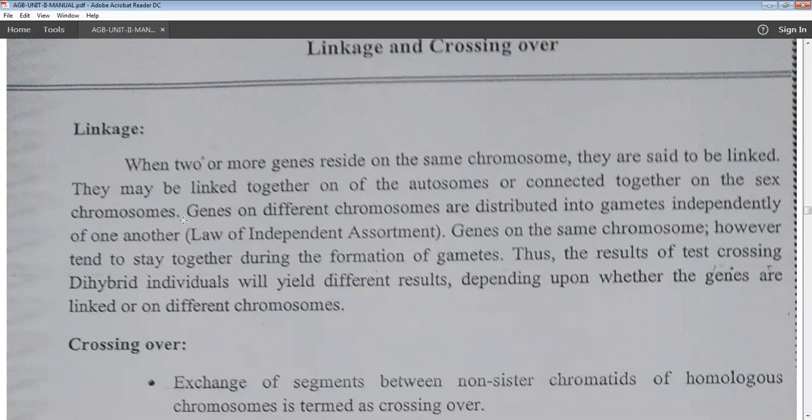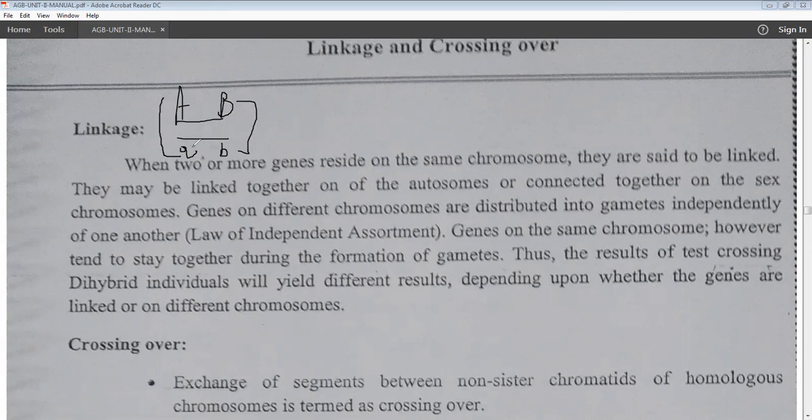In this particular paragraph, there are two things. Let me get this done. Firstly, let us have these two chromosomes A and B. This is a chromosome.